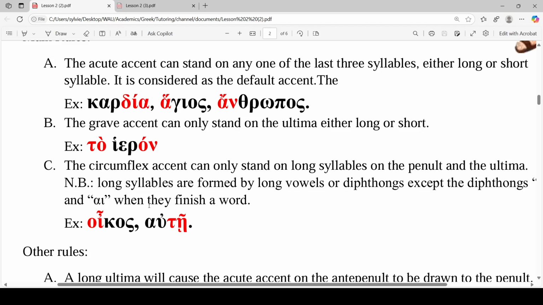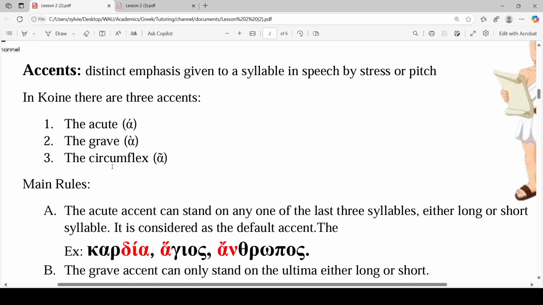What is happening here is that the more we move downward, the more restricted it becomes. The acute accent has almost no restriction besides not being able to occur on any syllable that falls before the last three syllables of a word. Like the fourth syllable, you cannot put any accent on that.